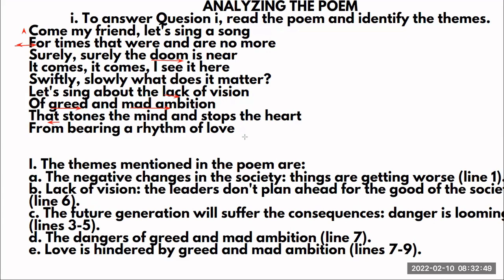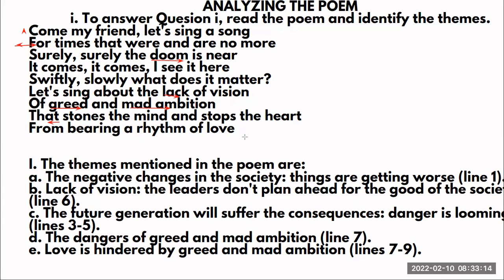But you can see that greed has killed the love in the heart of the man, and all he's thinking is how to get at wealth. So he can even kill the girl he pretends to love. All right. So the poem is really relevant to our present day society.